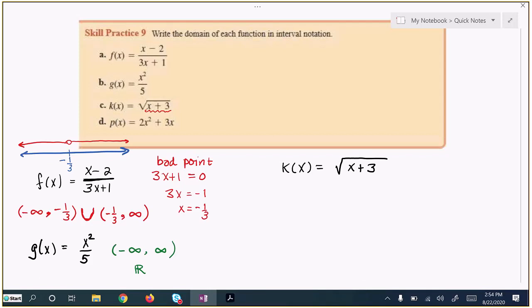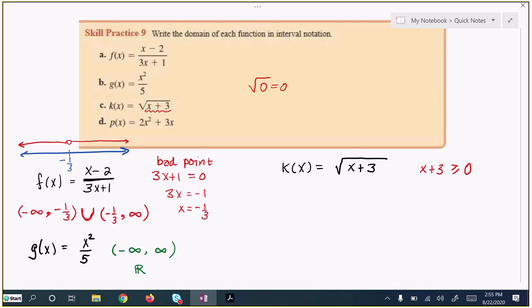So I will say I need x plus 3 greater than or equal to 0. It's fine if it's equal to 0 because the square root of 0 is 0. If it's greater than 0, that's also fine because I can take square roots of positive numbers. I just need to make sure that it's not less than 0.